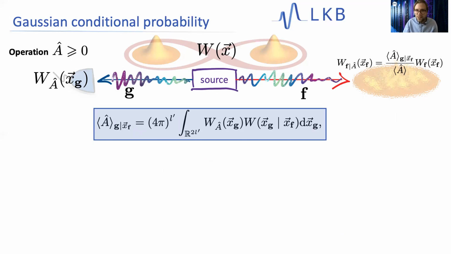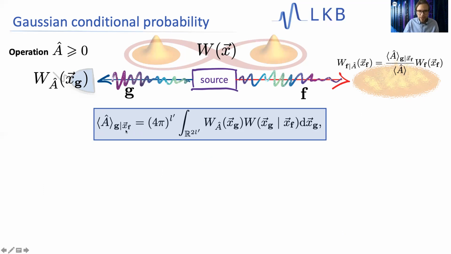And I have to insist on the fact that because we condition on a specific value in phase space, this is going to actually be a function of XF, of the phase space variables in the mode F. And so all the interesting properties are contained in here.